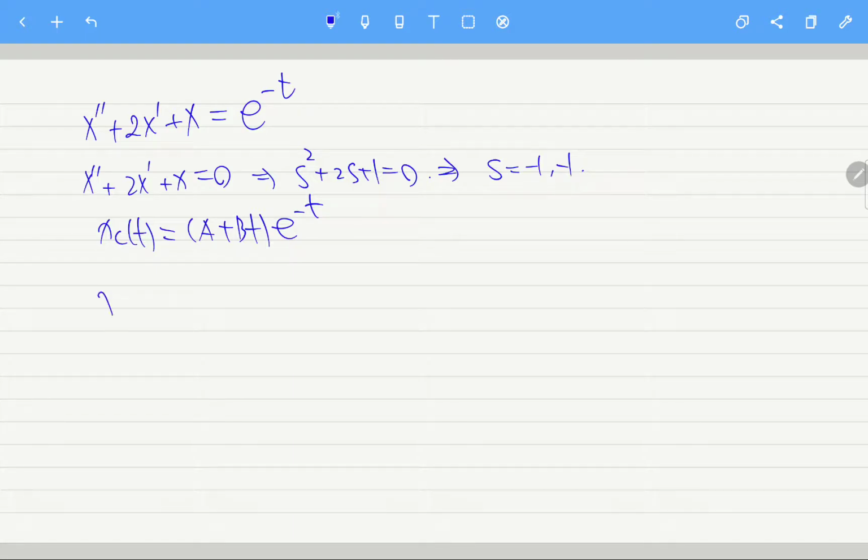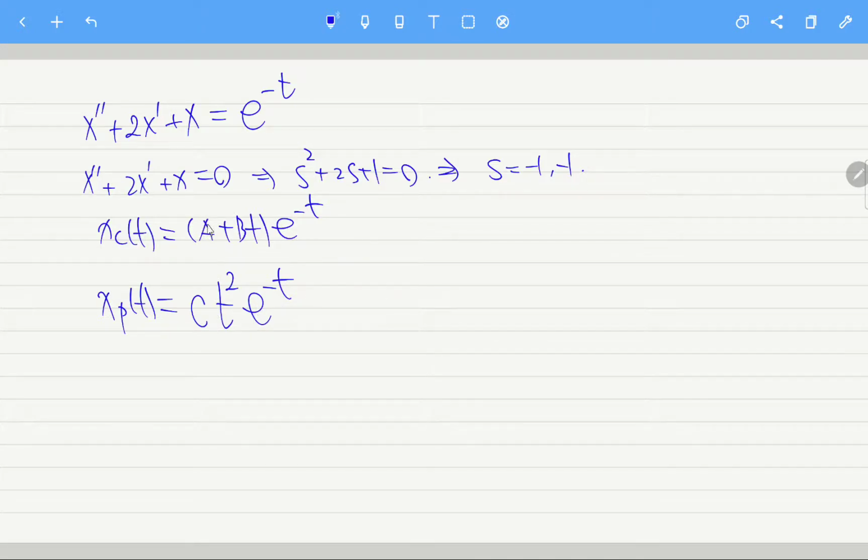Now, of course, if we assume xp of t to be c times exponential to minus t, it won't be correct. Even if you just plug in c times t times exponential to minus t, it still won't be correct because it's actually this term. So in that case, the particular solution is excited to the square term.